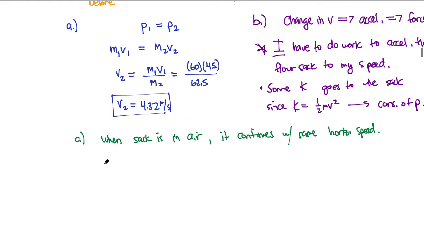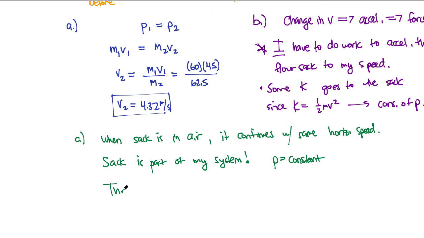So the thing that's strange now is that the sack is part of my system. Which means, since my momentum is conserved, that it's a constant. So now I'm talking about not only myself, where momentum must be conserved, but the momentum of the sack as well. So the sack that is now part of my system that I throw up, and I now have an internal force that I had to throw it up with.